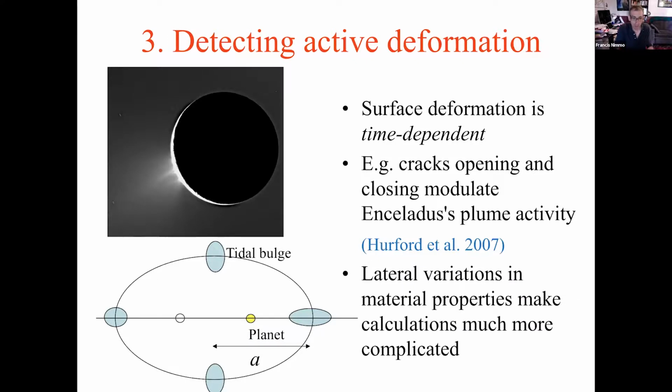We all like to assume that bodies are spherically symmetric because that's easy, but of course, in reality, there are likely to be lateral variations in material properties. And that makes life much harder. People like Harriet Lau can do those calculations, but they're much more complicated than if you can assume spherical symmetry.